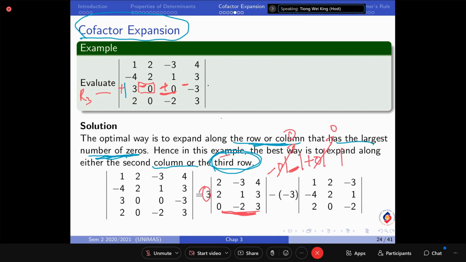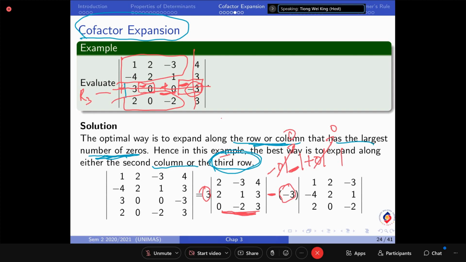Then finally we have the fourth value here. The fourth has a negative sign, and the value is negative 3, so you have a negative 3 there. Then you delete row 3 and column 4. What's left is your submatrix.